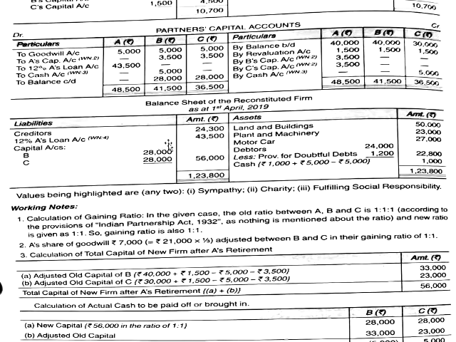And A's loan is coming to 43,500, so it is transferred to A's loan account. And it is marked 12% because on this loan the firm will pay 12% interest. And only two partners remained in the firm, so B's and C's capital is 28,000 each. This is the new capital of the firm.